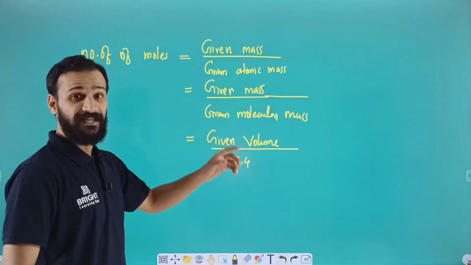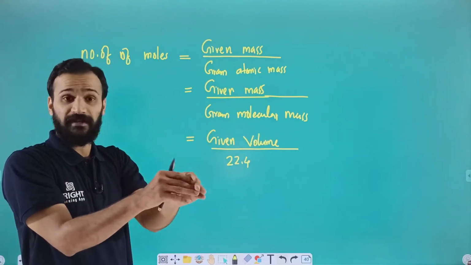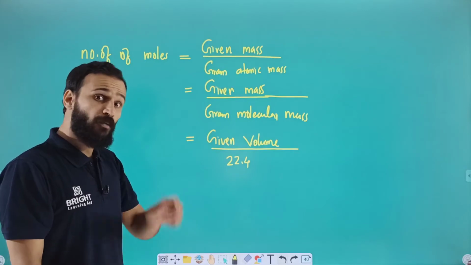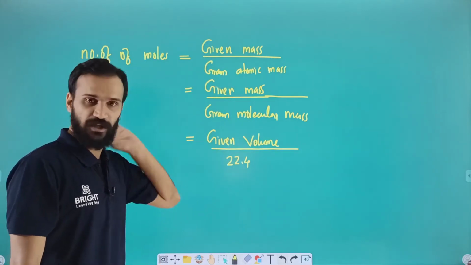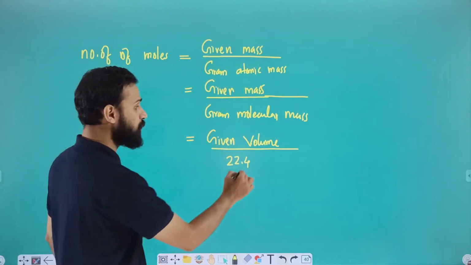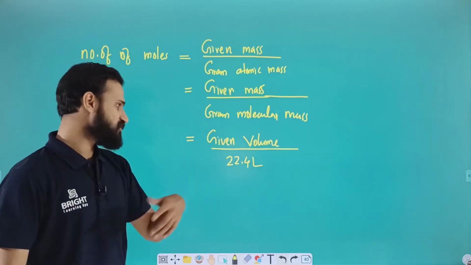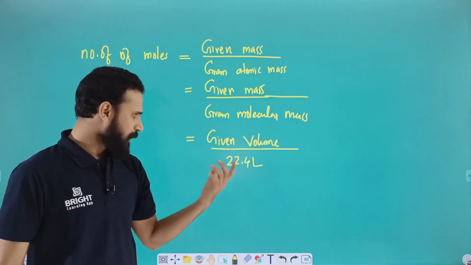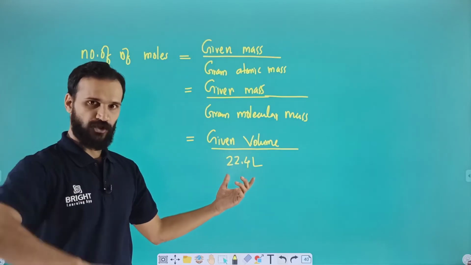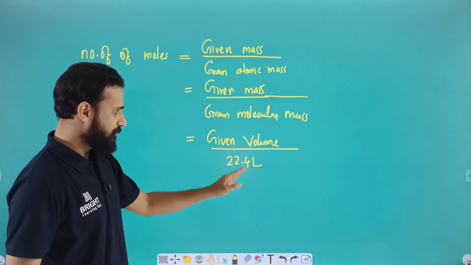So in the given amount of volume, you will get how many moles are present by using this equation, 22.4 liter. Okay, in some cases we will use 22.7. Now you remember this, we will discuss that question also. So given volume divided by 22.4.